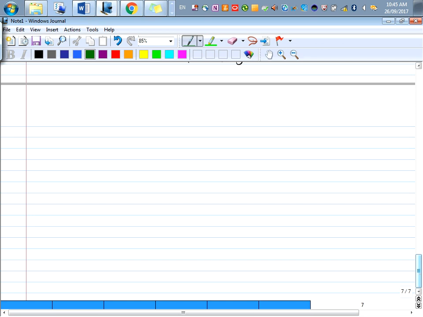Okay, now 5B part 3. The length of the shadow BD. Let's draw the triangle. This is 5B part 3. I want to find this. What other information do I have?